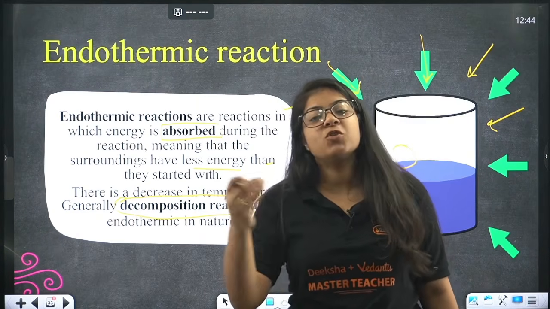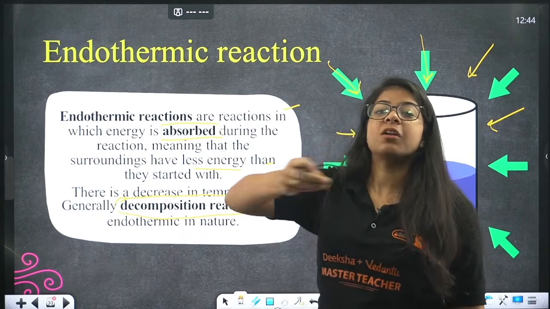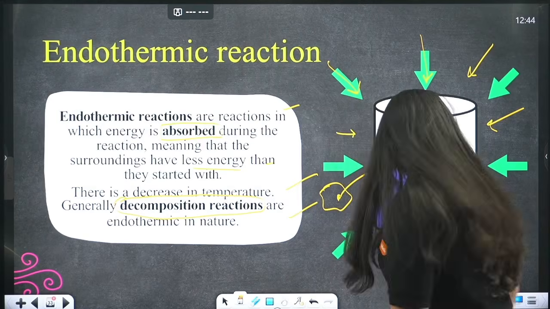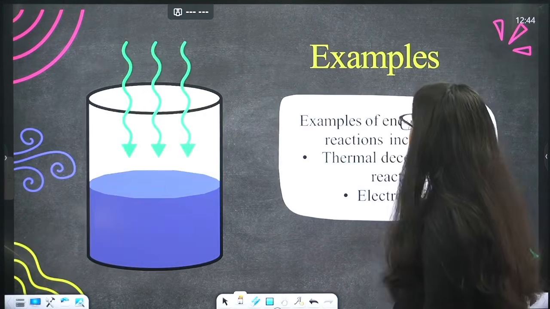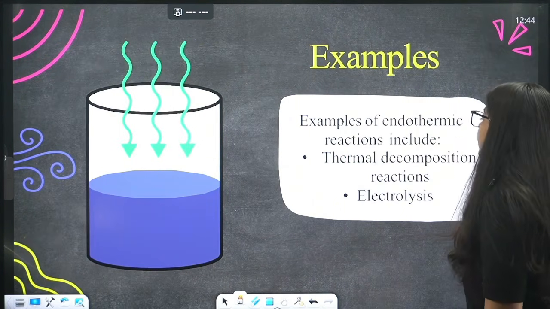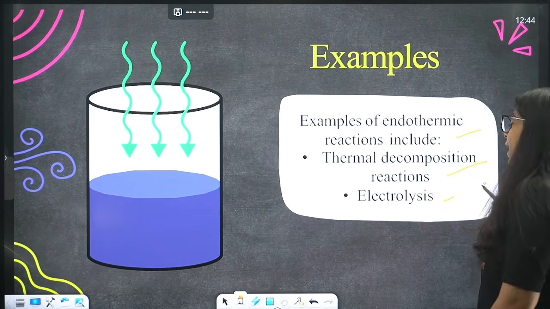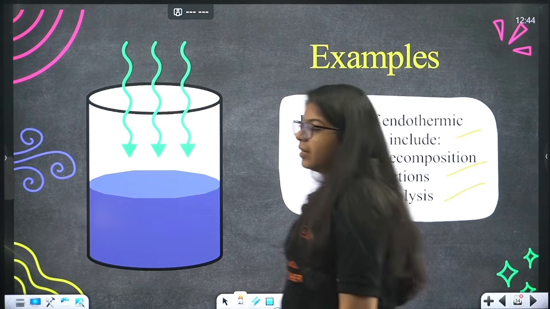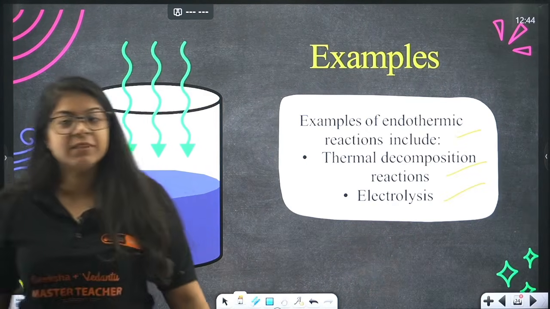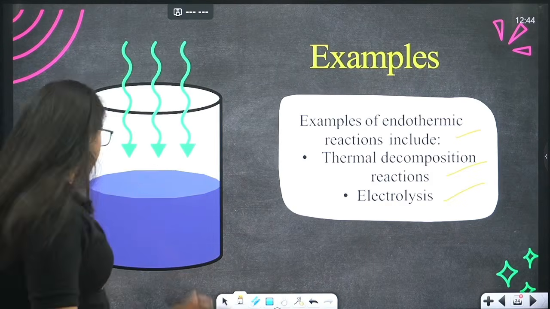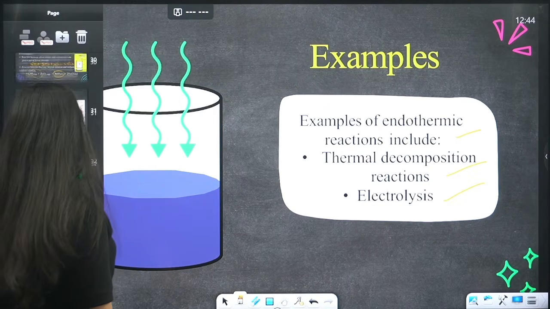So your decomposition reactions are your endothermic reactions. Done. The examples of endothermic reactions include thermal decomposition and electrolysis, just like we talked about. So these are your endothermic and exothermic reactions.